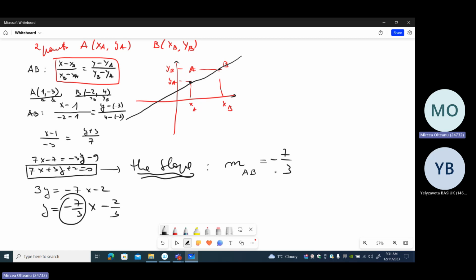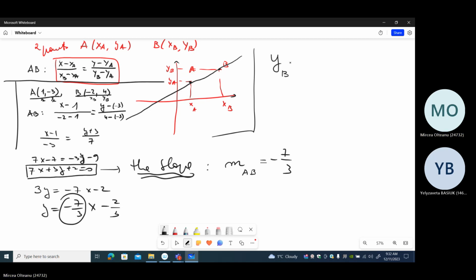Okay. And now, please do the following computation. For the same straight line, we are talking about the points A, B given here. For these 2 points, please compute the following expression, where these 4 coordinates are known.